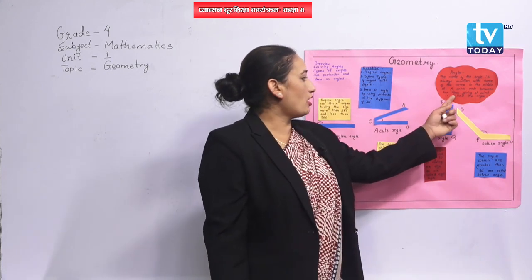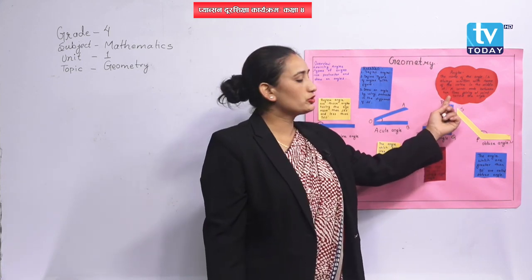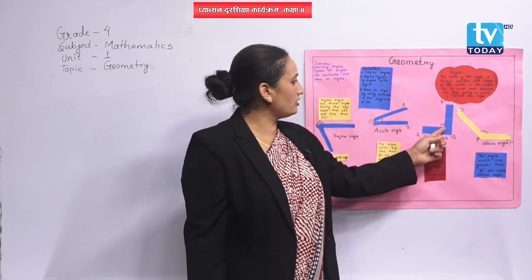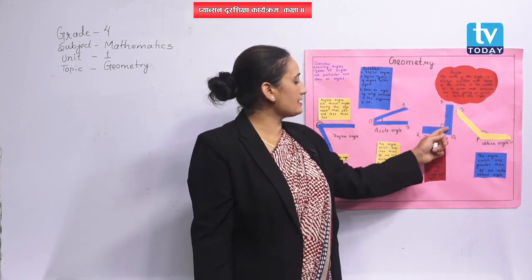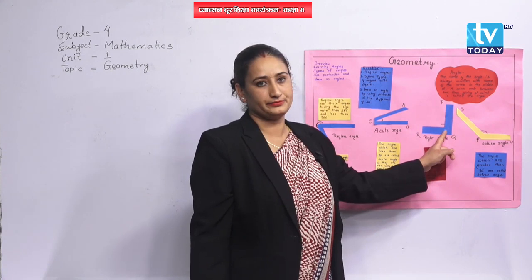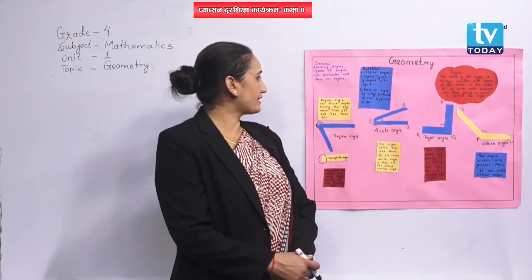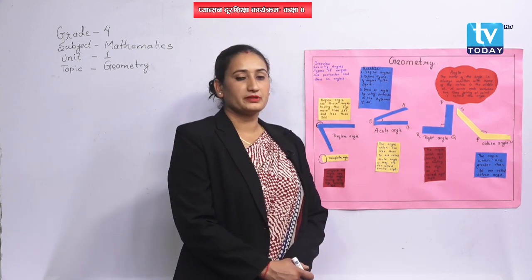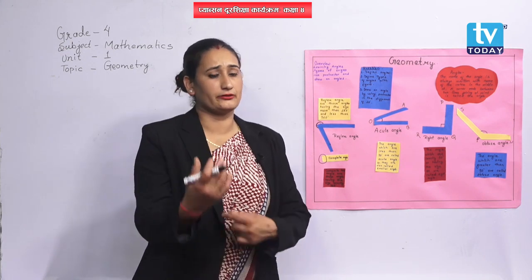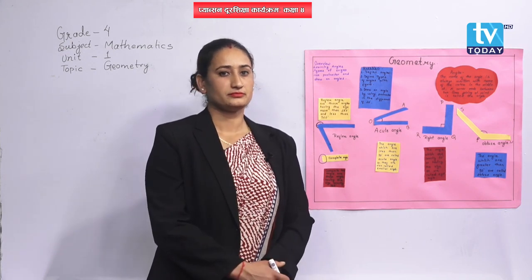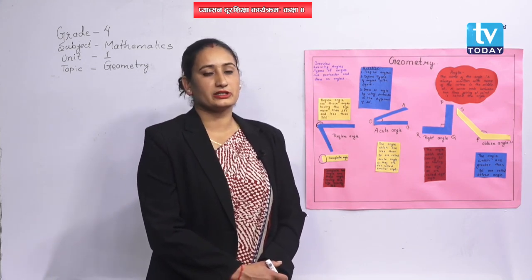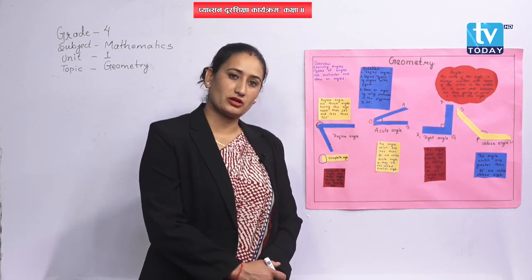An angle is a corner made between two lines joining at a point. Now you have to tell me, do you understand about angles? Can you give me the definition of angles? Good. I hope you can give the definition well. You have to write it in your notebook also, okay?